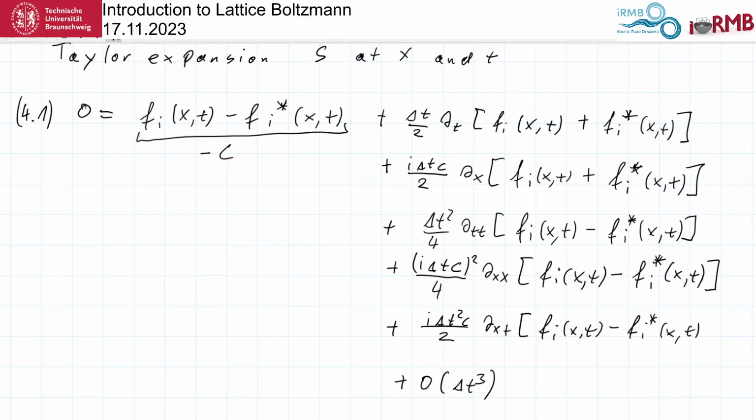Okay, so now we have a little bit of a problem when we want to compare this to the original Boltzmann equation, because the Boltzmann equation just has the distribution f and does not distinguish before or after collision, right? So now the question is, how do we define the actual distribution? Should we take the distribution f or the distribution f star?